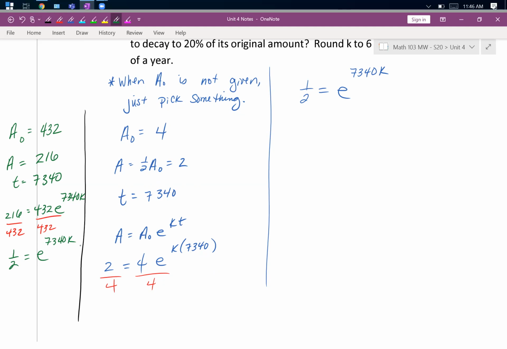So it absolutely does not matter what you choose for A sub 0. Just make sure that your A is half of that and you don't make some silly arithmetic mistake. That's why I typically like to choose 1, because I'm less likely to mess up if it's just 1.